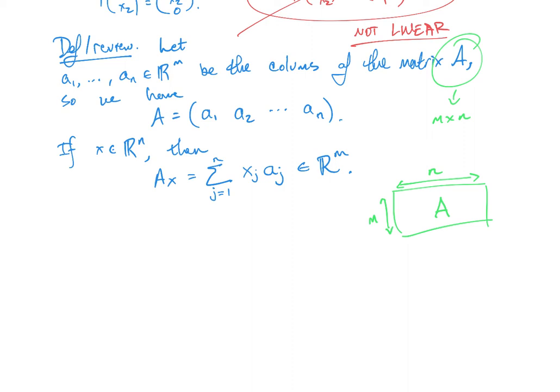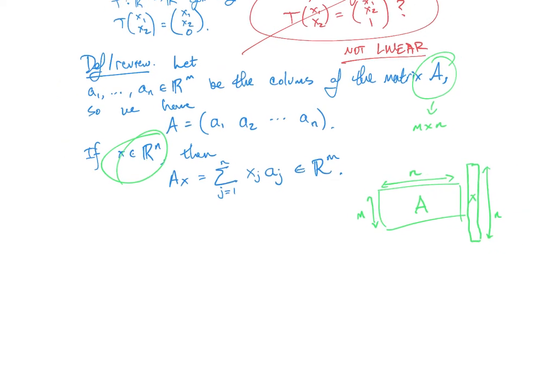X is in Rn. So X looks like this. And that dimension is N. Okay.